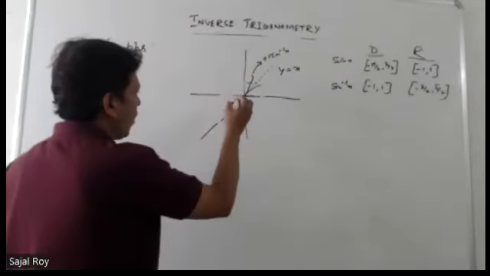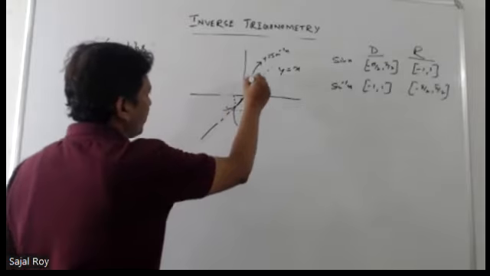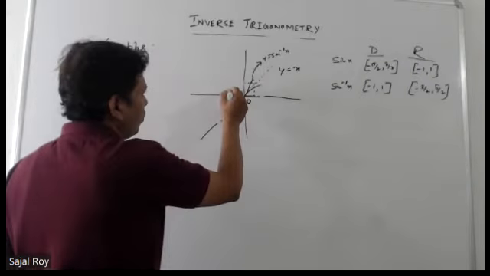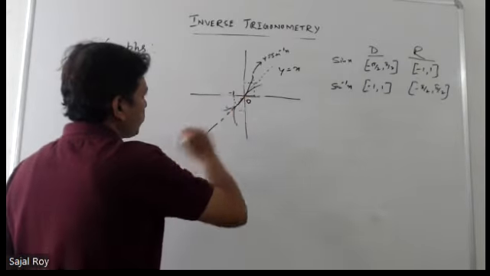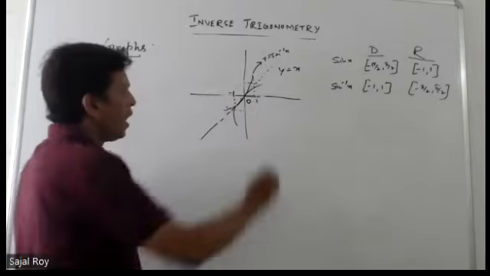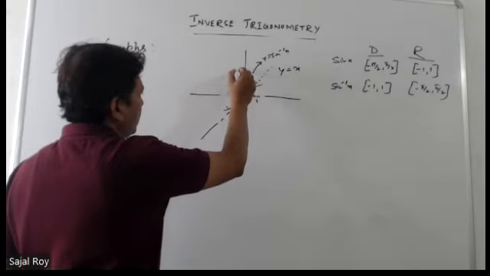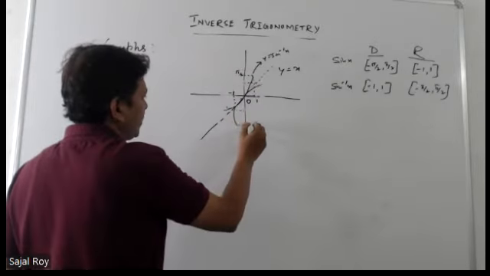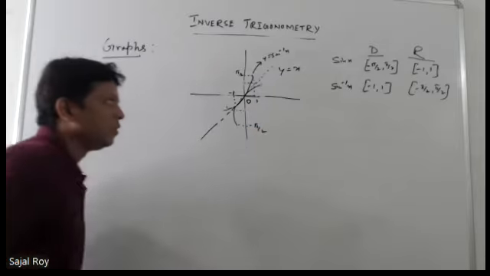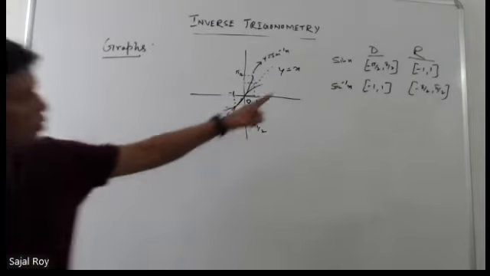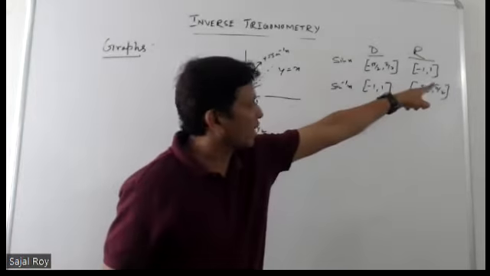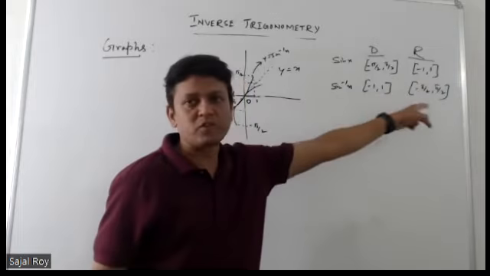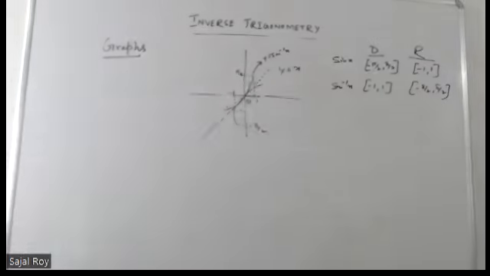Now I will consider this as your domain for sin inverse x. The domain is minus 1 to 1, and this is your range now: pi by 2 and minus pi by 2. So this is the domain for sin x and this is the domain for sin inverse x. Am I clear with sin inverse x?